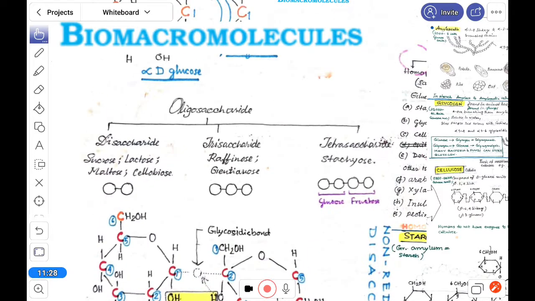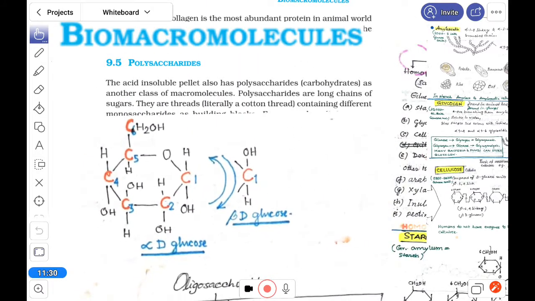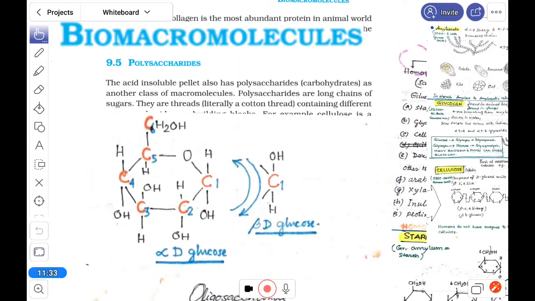Now alpha D and beta D, in chemistry I think you will learn better. Here there is a little structural difference. In alpha D glucose, at carbon number 1, the placement of hydrogen and hydroxyl is one way, and in beta D glucose at carbon 1, the placements of the hydroxyl and hydrogen are just opposite. So this is the difference.